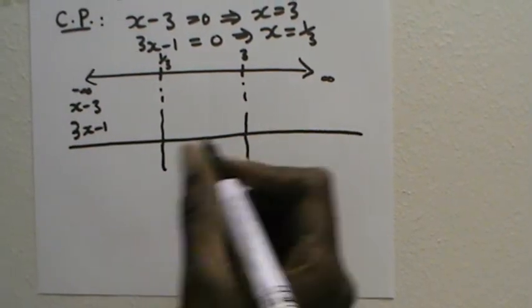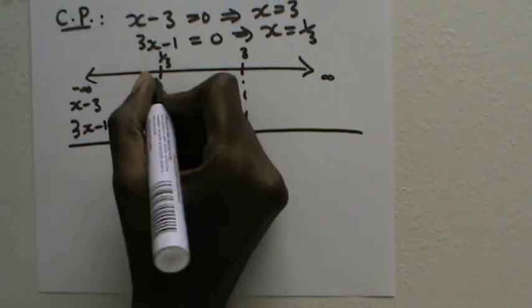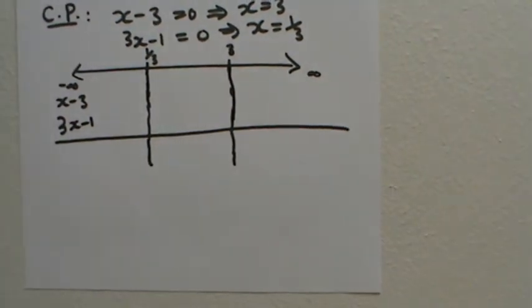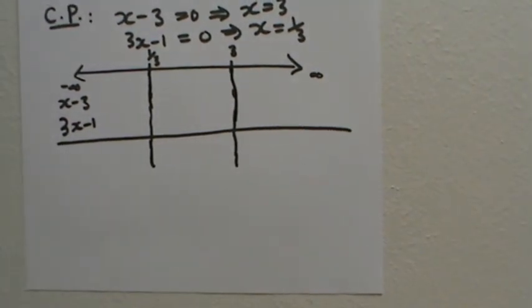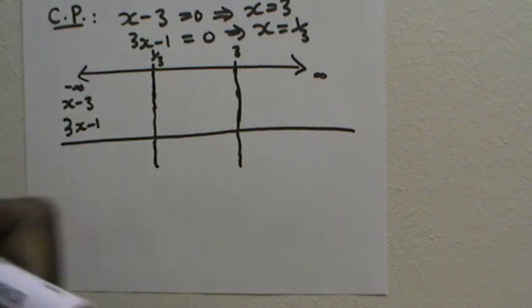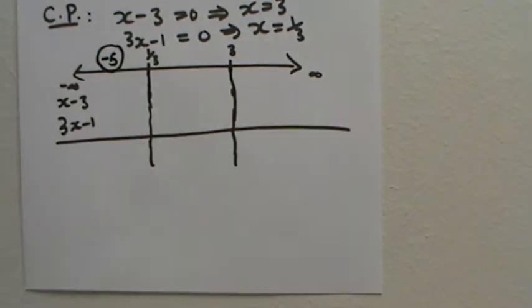Okay, so just recall how I did this one. It doesn't have to be dotted. Then what you do is you pick a representative in each of the regions. That means you want a number that is smaller than 1 over 3. I could pick, let's say, minus 5. The number you pick does not matter.